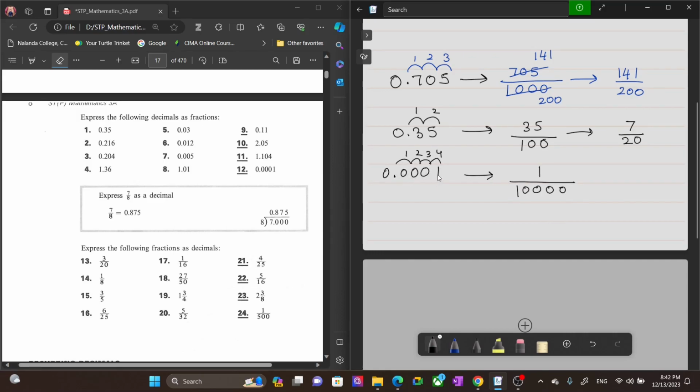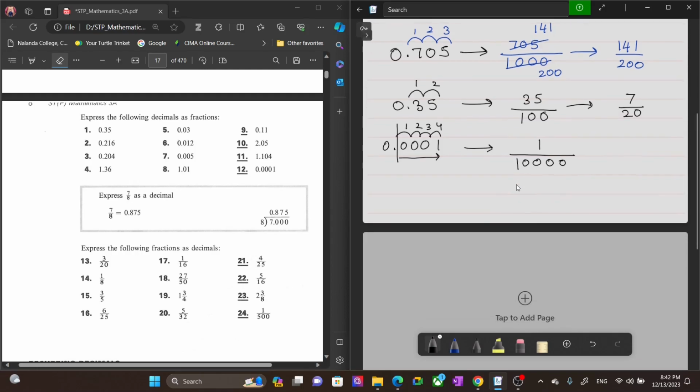The zeros before the 1 can be neglected, because what matters is the number we get after the decimal point. We can't simplify this further.